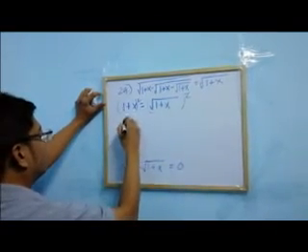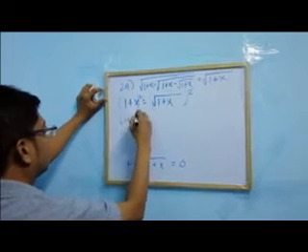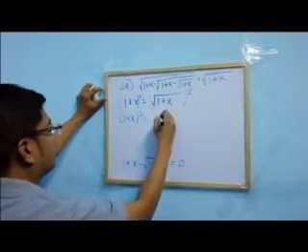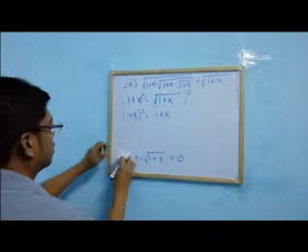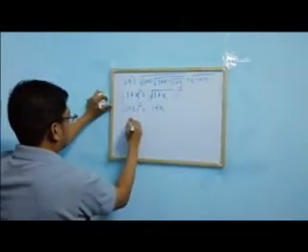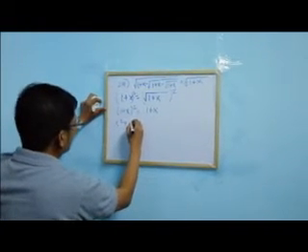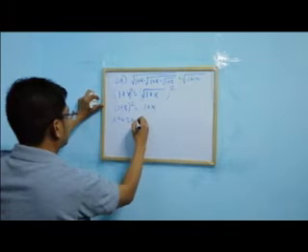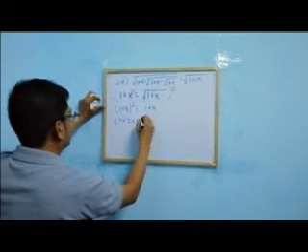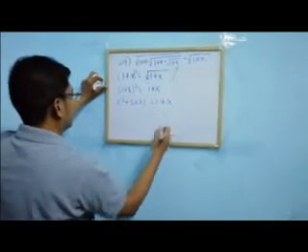So 1 plus x squared, and then expanding, the equation will be x squared plus 2x plus 1 equals 1 plus x.